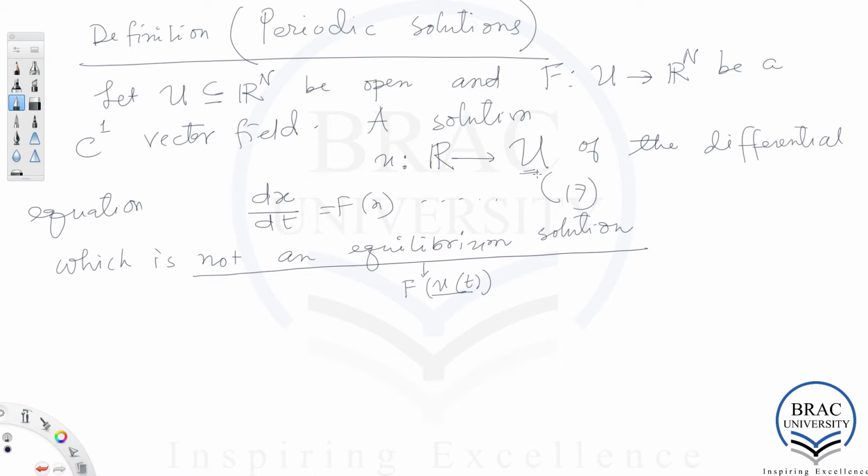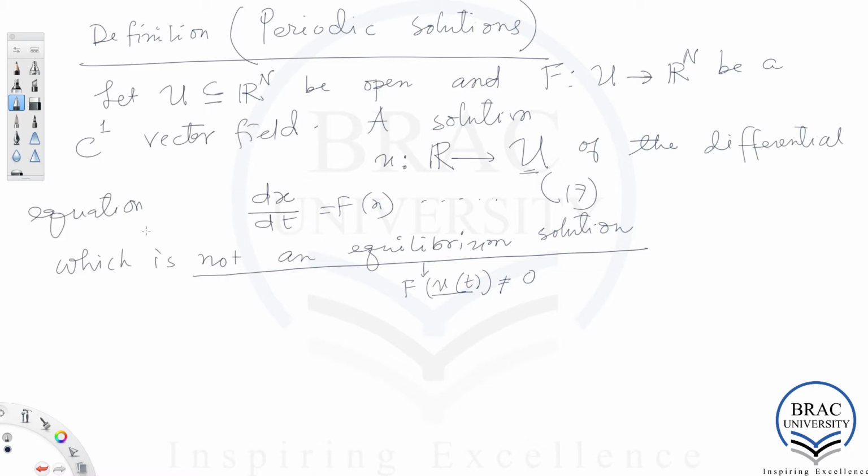And that cannot be 0, right? Since it's not an equilibrium solution. Since u is not an equilibrium solution, f of u of t is not equal to 0. Follows from the definition of equilibrium solution.